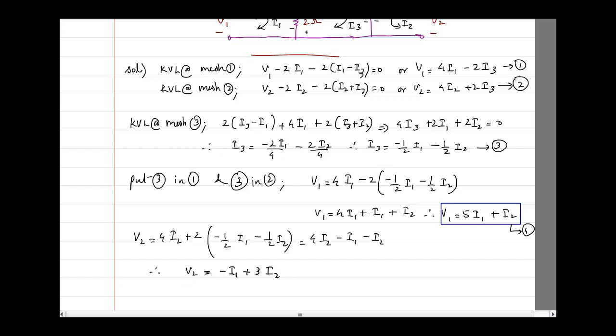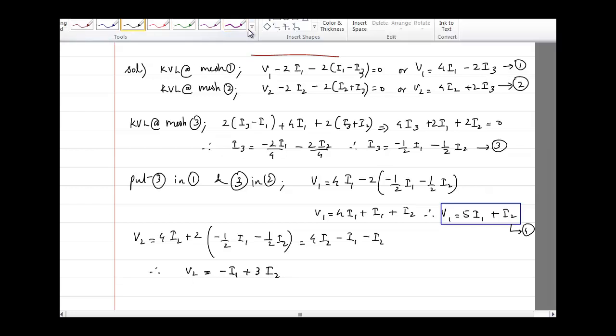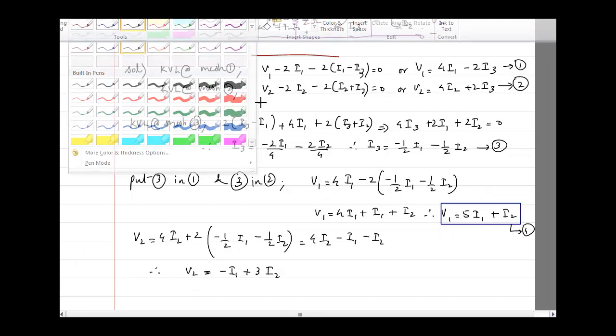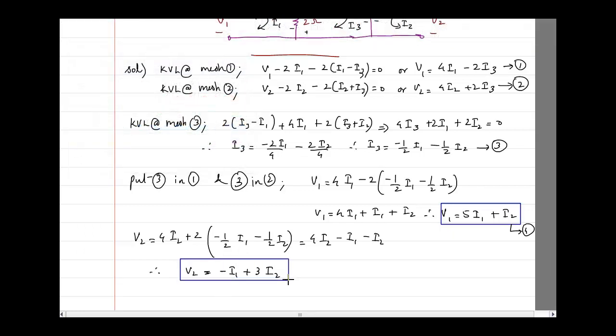Now from these two equations which are there in the box, that is equation number 4 and equation number 5, I can find out the z parameter. Therefore, from 4 and 5, I can write the z parameter very simply as 5, 1 from here and here, and this is minus 1 and 3.